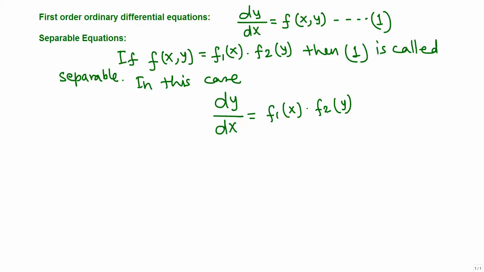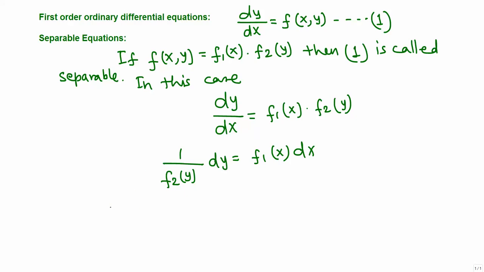So let's bring f2(y) to the left side: 1 over f2(y) dy equals f1(x) dx. Now on the left side we have a function of y and dy, and on the right side a function of x and dx.